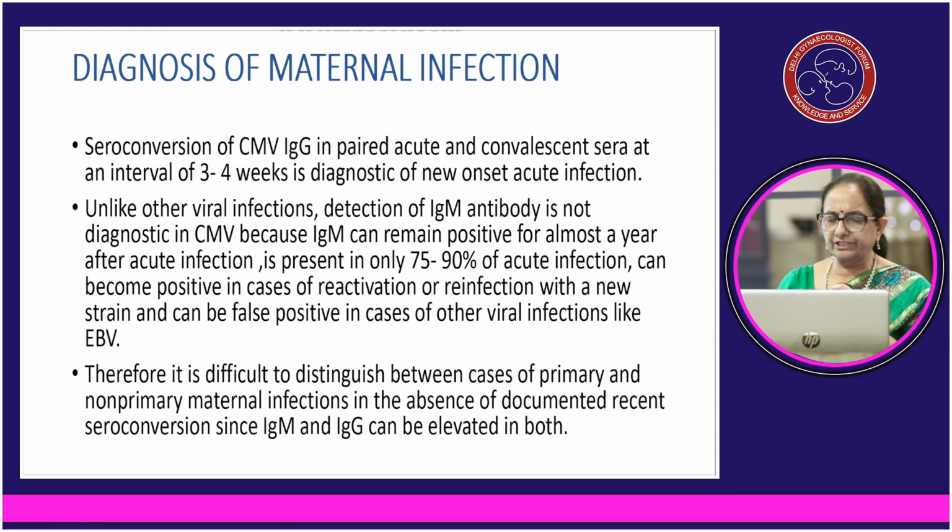It can become positive in cases of reactivation or reinfection with a new strain and can be false positive in cases of other viral infections like Epstein-Barr virus infection. Therefore, it is difficult to distinguish between primary and non-primary maternal infections in the absence of documented recent seroconversion, since IgM and IgG can be elevated in both.